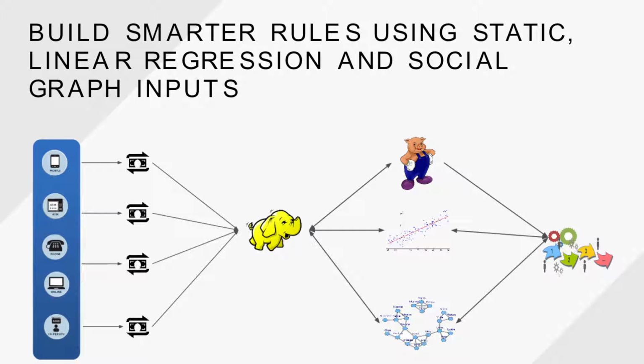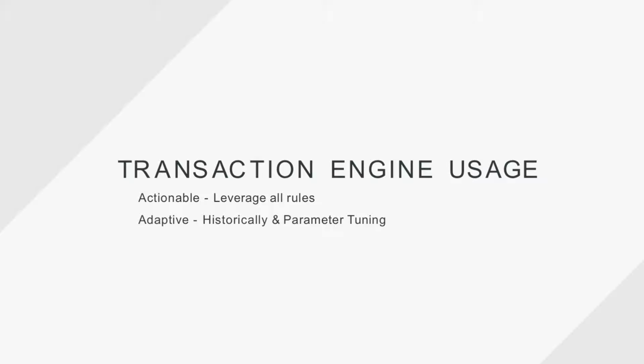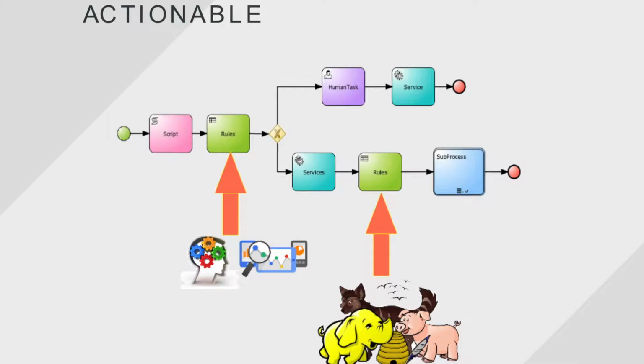And the reason why is this last portion, the transaction engine usage, right? So we'll move from analyzing historical data to creating actionable and adaptive assets that our current classification engine can use. That way, every transaction that comes through, we have a set of assets that we can apply. So let's look at what I mean by actionable.